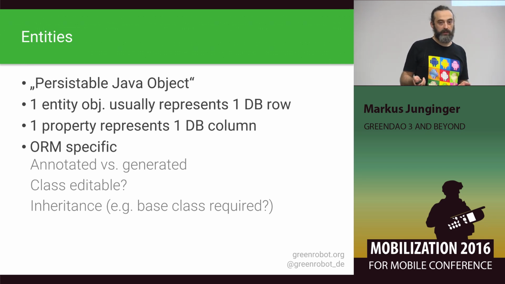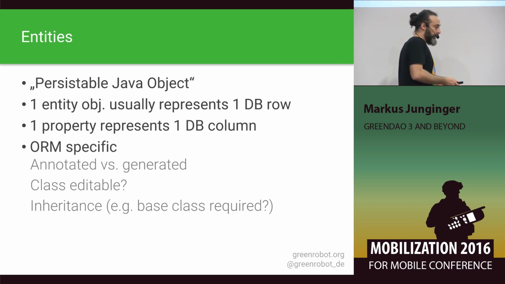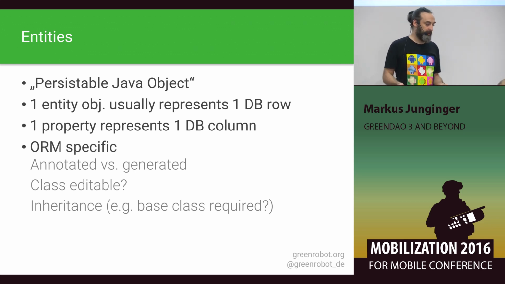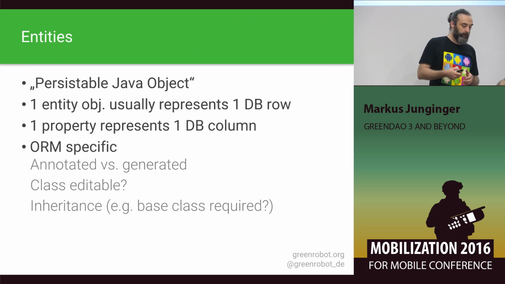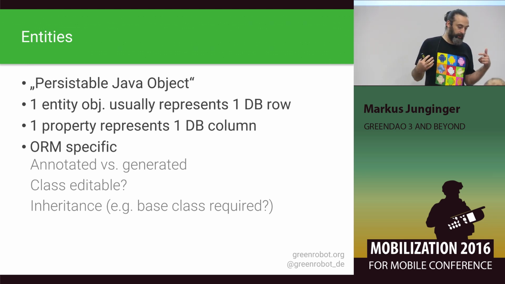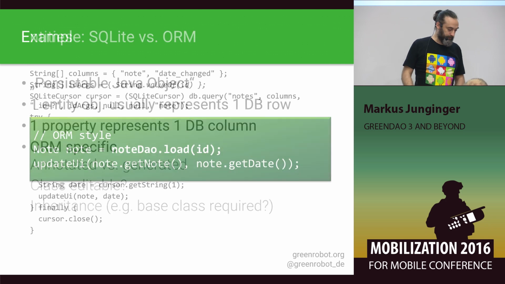This is basically just an object that is persisted in the database. So usually a database row is an object, and a property is a column. So this is the basic mapping. There are some ORM-specific traits also for entities, like is it generated, are there annotations, do you have to use a base class, and so on.